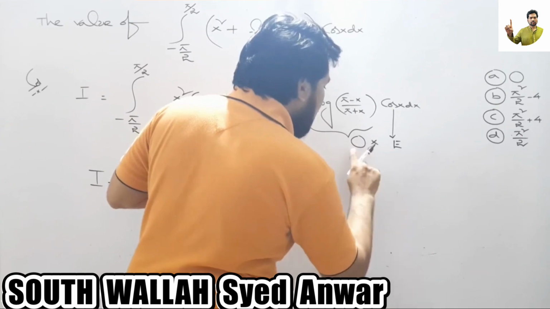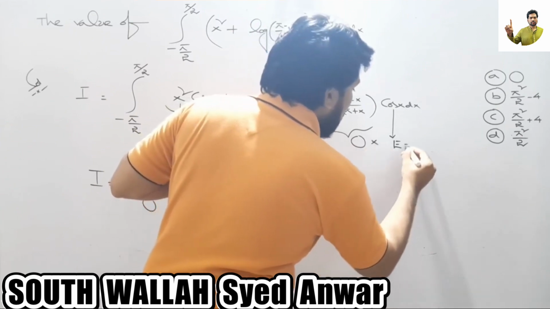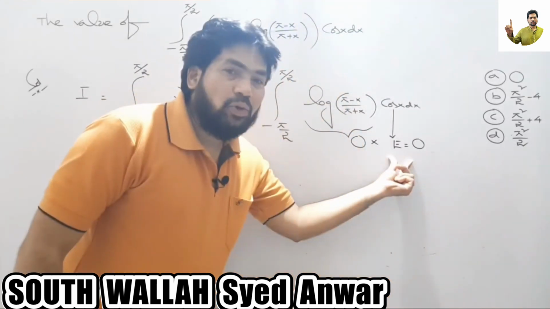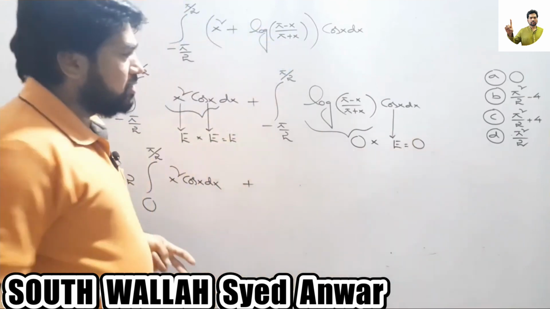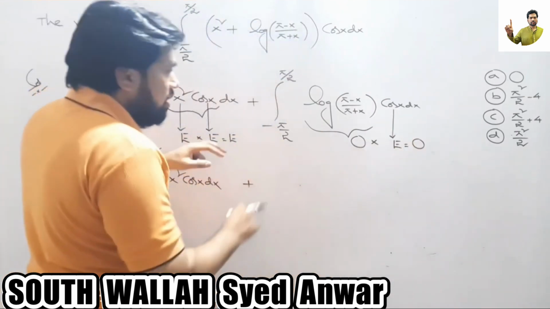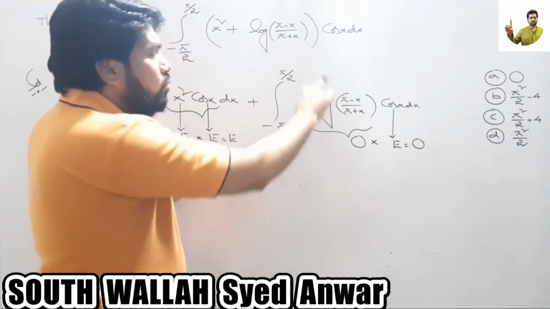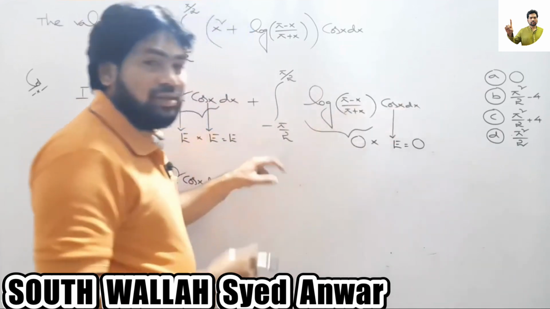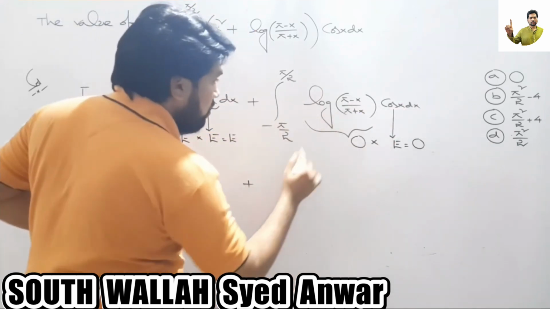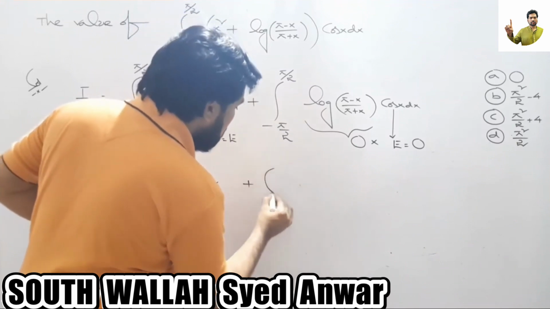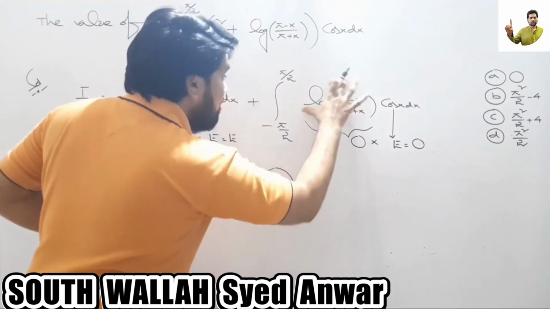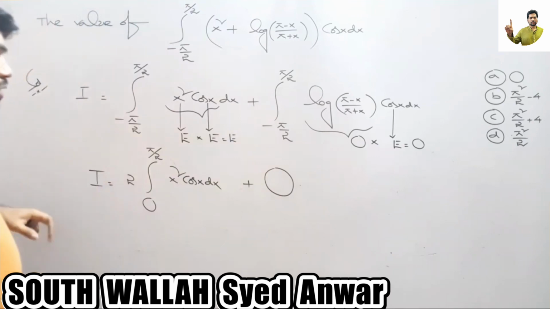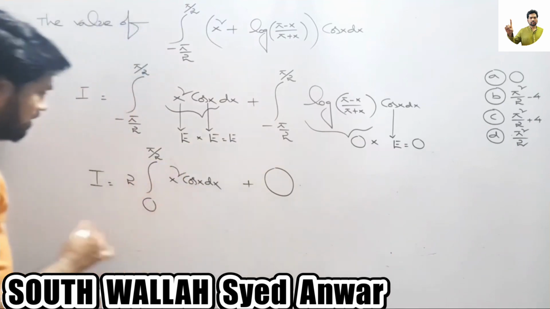So when you multiply odd and even, you get an odd function. We have the property that the integral from minus a to a of f(x) dx is 0. So its integral value is 0. Now we have to simplify only this part.